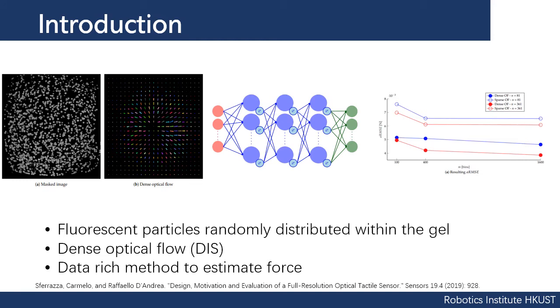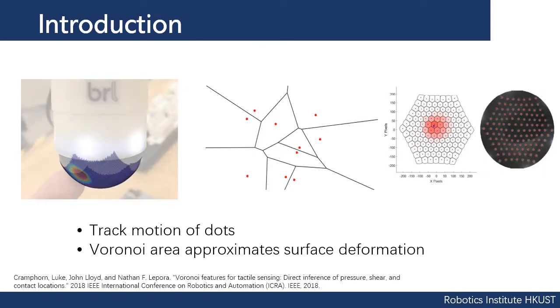Carmelo Sferrazza and Raffaello D'Andrea from ETH Zurich proposed to use fluorescent particles that are randomly distributed within the gel. They used dense optical flow to track the 2D information and then used a neural network to accurately estimate the force. TacTip from Bristol University used trackable dots and Voronoi area to approximate the surface deformation.